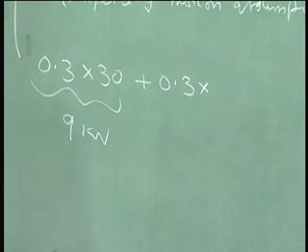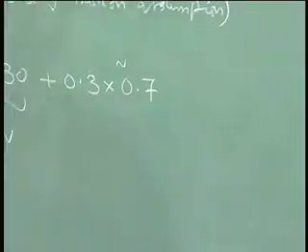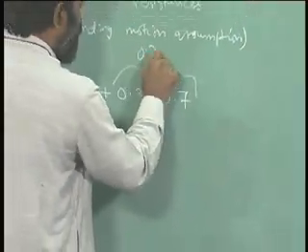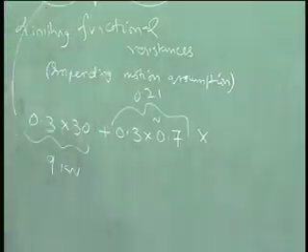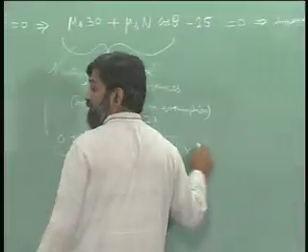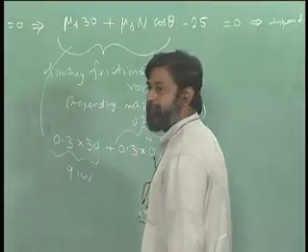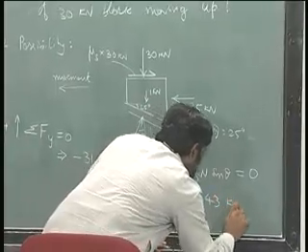If I take theta to be roughly 30, cos 30 is root 3 by 2, which is around 0.7. So, this together will give me 0.21 times n, where n is around 43, roughly 43 kilonewtons.